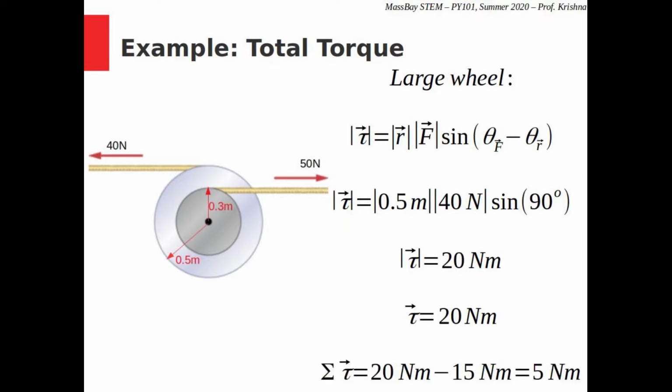For the larger wheel, the lever arm is 0.5 meters and the force is 40 newtons. Again, the angle between them is 90 degrees. This torque works out to 20 newton meters and it's counterclockwise, so it's positive. The total torque is therefore 20 newton meters minus 15 newton meters, or positive 5 newton meters.